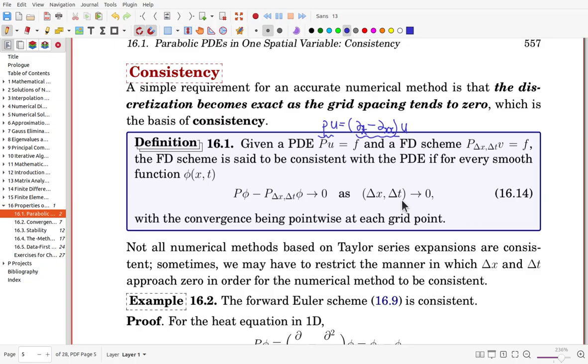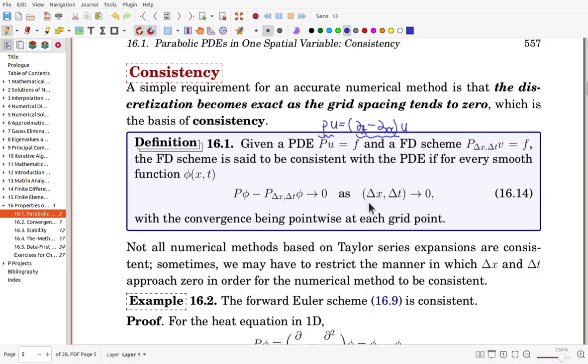Sometimes we may have to restrict the manner in which delta x, delta t approaches 0 in order for the numerical method to be consistent. That equation means that delta x and delta t approach 0 independently.